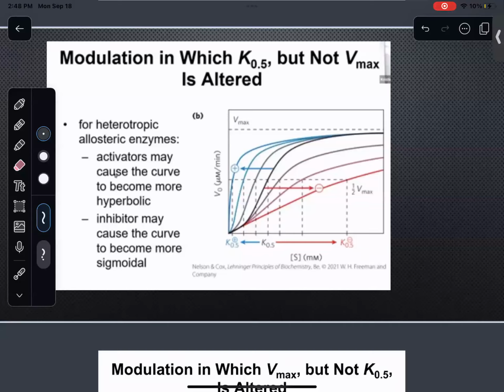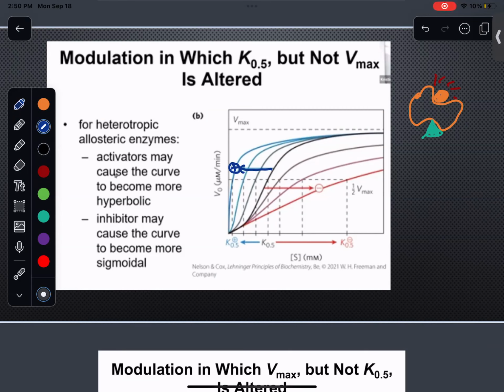A shift to the left. We don't really see these shifts in reversible and irreversible inhibition. If we're talking about allosteric modulation, though, yeah, you're going to see these shifts. And of course, you're going to see them in oxygen hemoglobin dissociation curves. But in terms of enzymes, this is where the shifts really come into play.